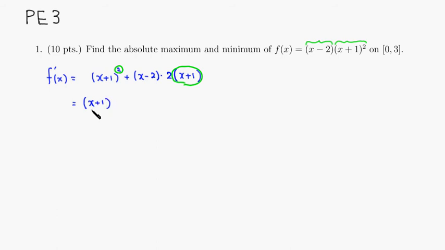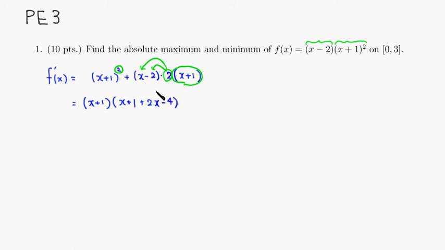Then let's pick up the leftover terms. So you have x plus 1, another x plus 1 from the first term. Then I'm going to have to distribute 2 to x and also negative 2, so you will get plus 2x minus 4.